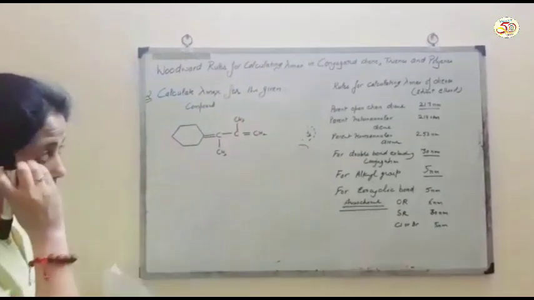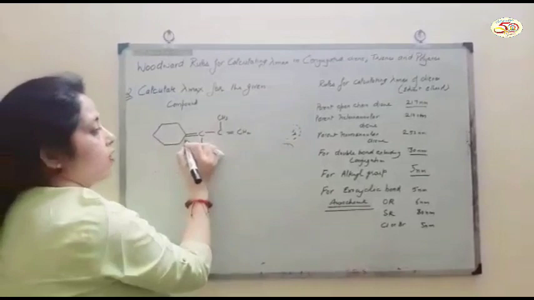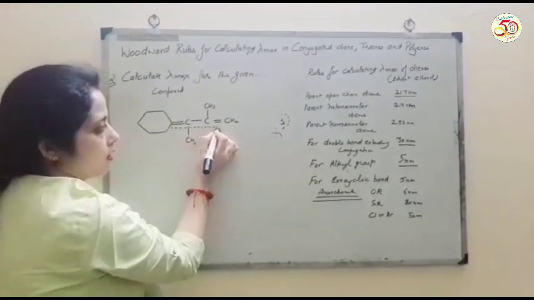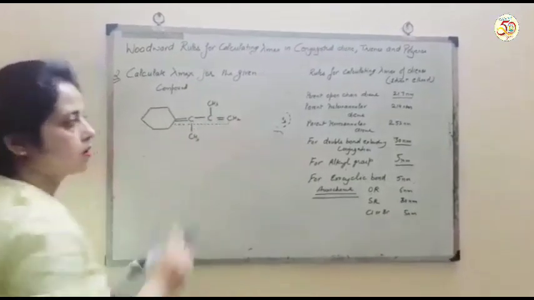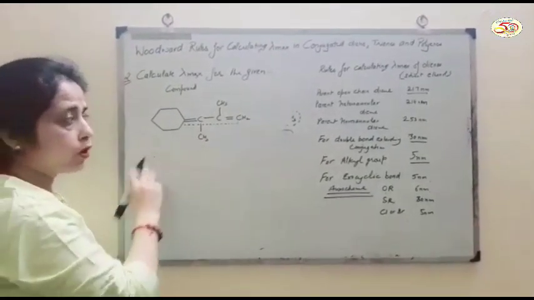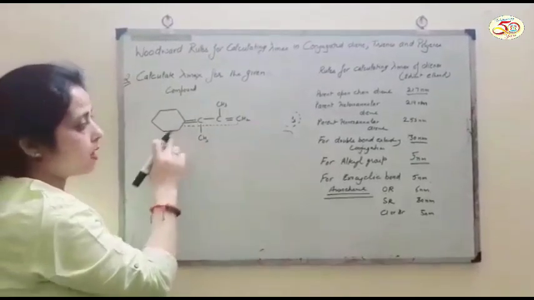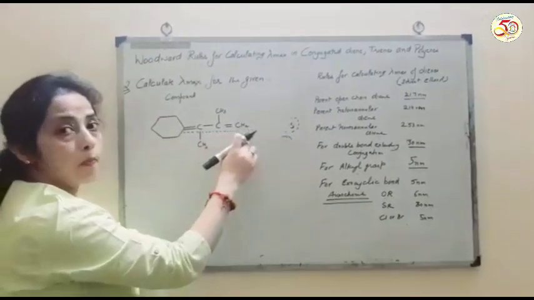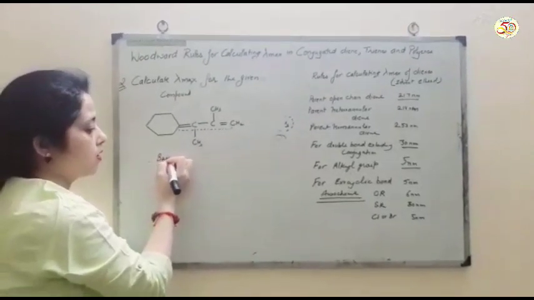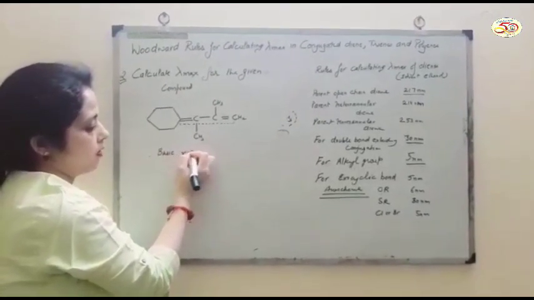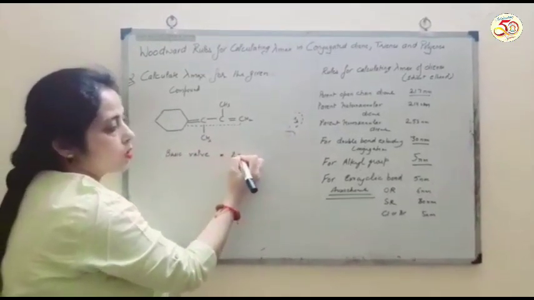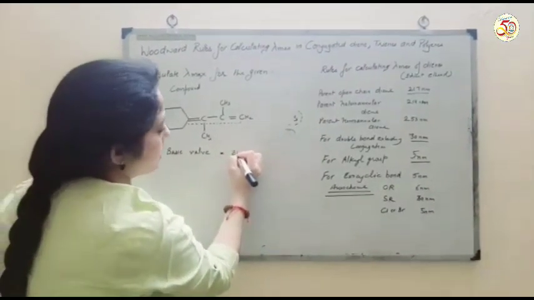Now in this molecule we will select this basic diene molecule. As it is not a part of the ring, it is an open chain diene. So the basic value of lambda max will be 217 nanometer.